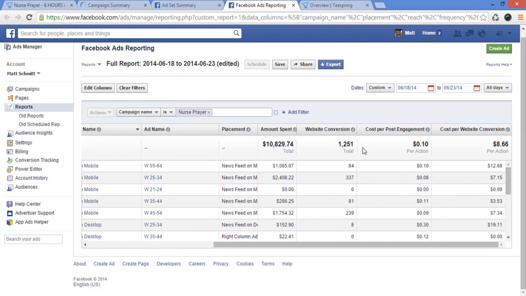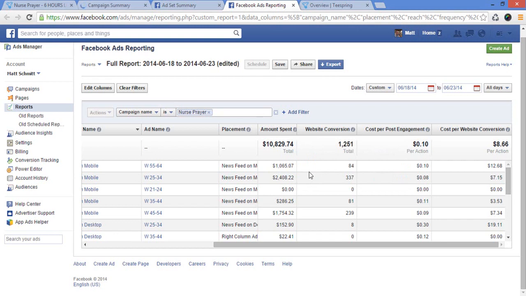Now, not every pixel is going to fire, but I had 1680 shirts sold. So that's 430 either misfires, which I don't think so, or viral shares that led to sales.